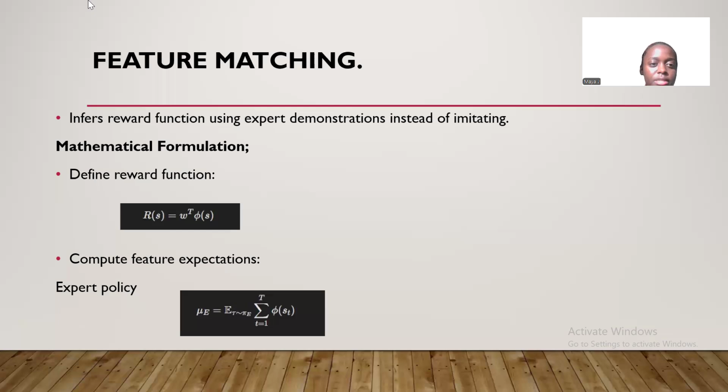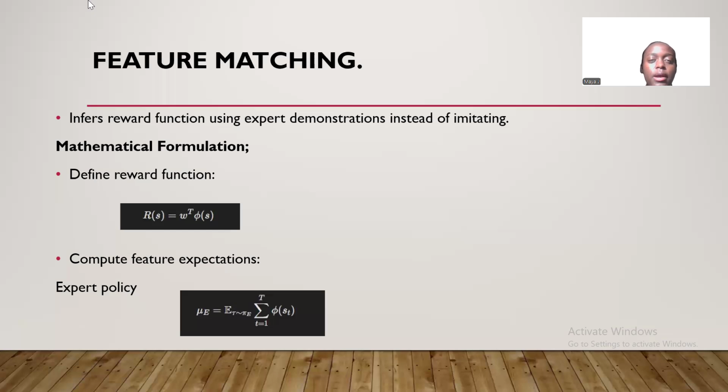Feature matching involves deducing a reward function using expert demonstrations instead of imitating. So we have already seen what expert demonstrations are. The expert trajectories are the sequences of state action pairs performed by an expert.